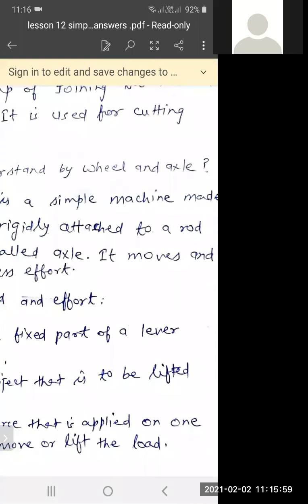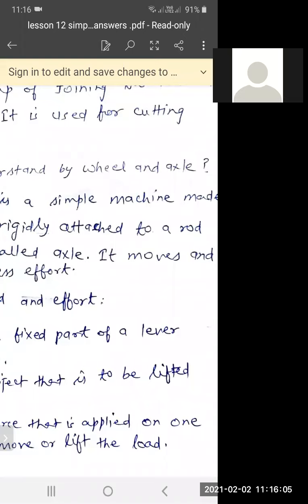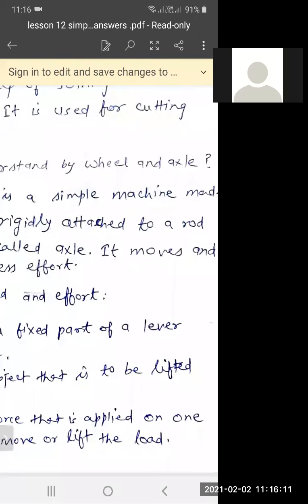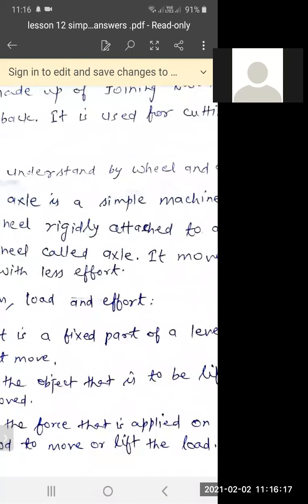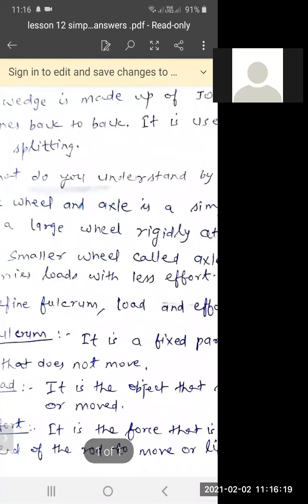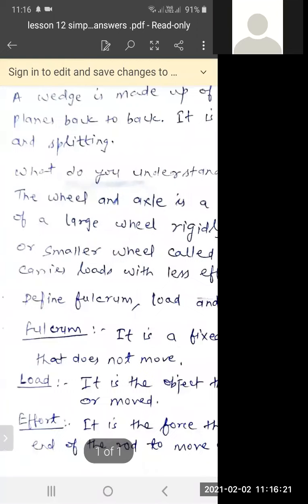Is it clear, students? Now, further we'll go for the long question answers. One or two today, because there is still time, so we'll go for the long question answers also.